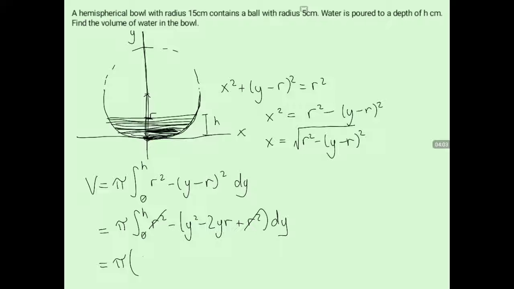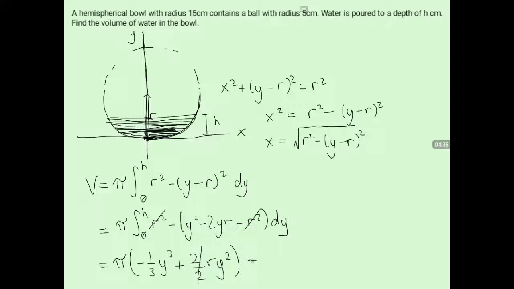The antiderivative of negative y squared would be negative one third y cubed. And the antiderivative of the second term, 2ry, is going to be 2 over 2 ry squared, so this is just r times y squared.